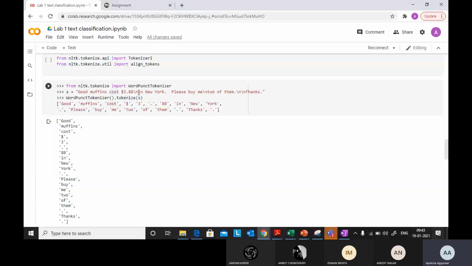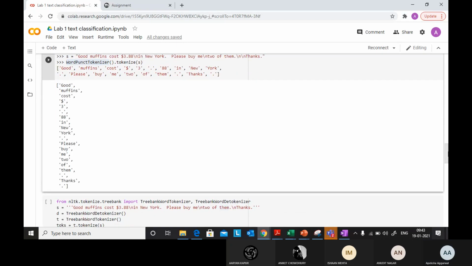There is backslash n and backslash n in the sentence. From nltk.tokenize we have imported the word punkt tokenizer. If I tokenize this sentence s using it, it will separate it out like this. The output would be good, muffins, cost. So the backslash n's are removed, punctuation marks, etc. are removed.